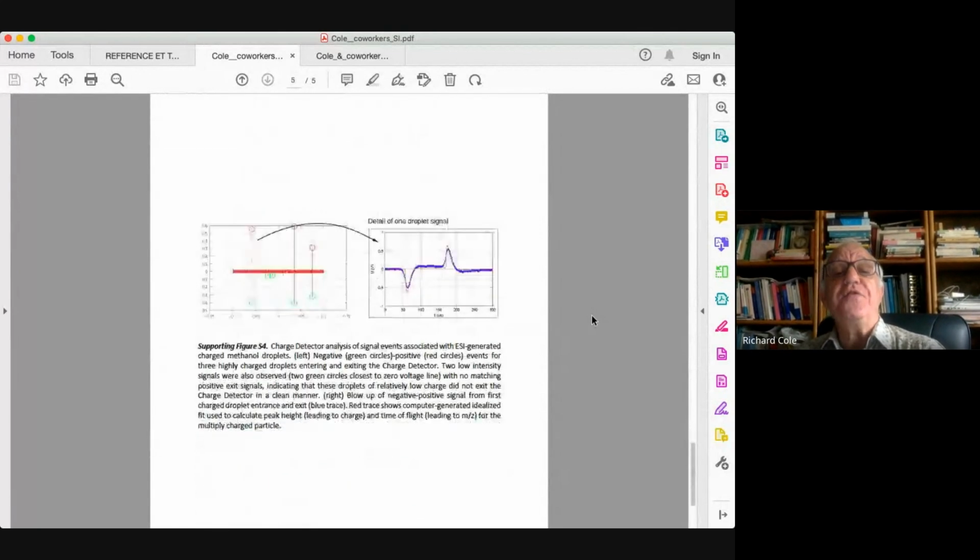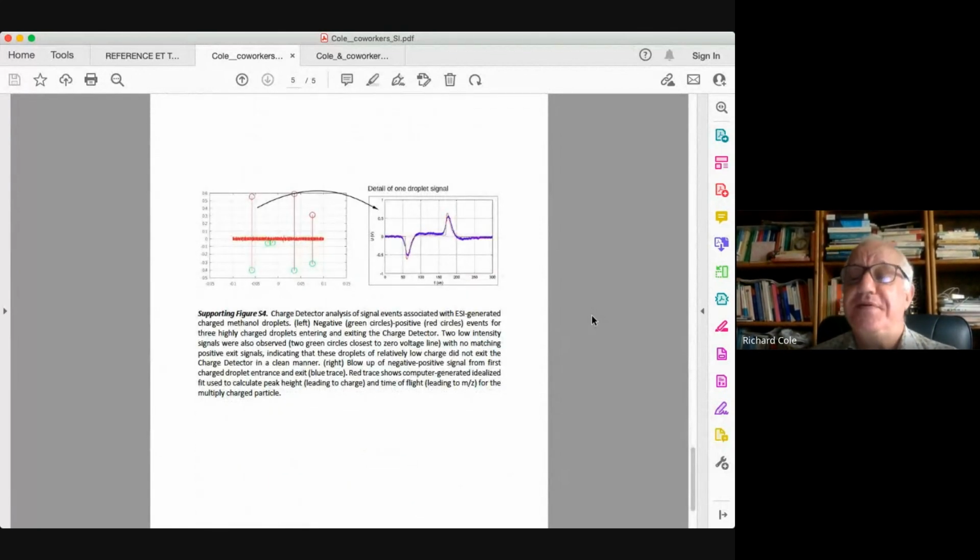All right, so for the final portion of the talk today, I'm going to be looking at charged droplets of methanol. We're going to be spraying pure methanol and trying to get some measurements of droplet dynamics of massively charged methanol droplets.